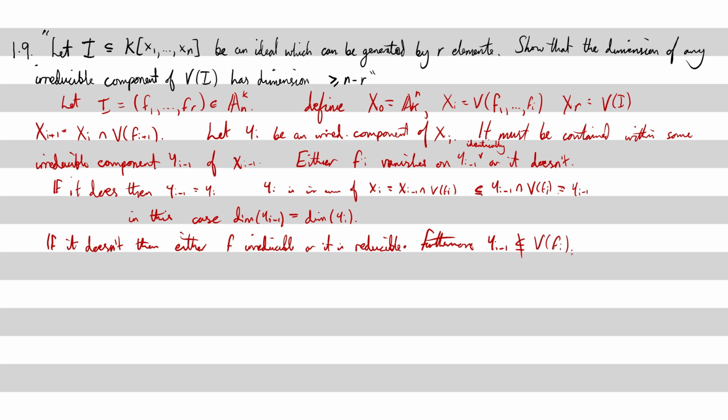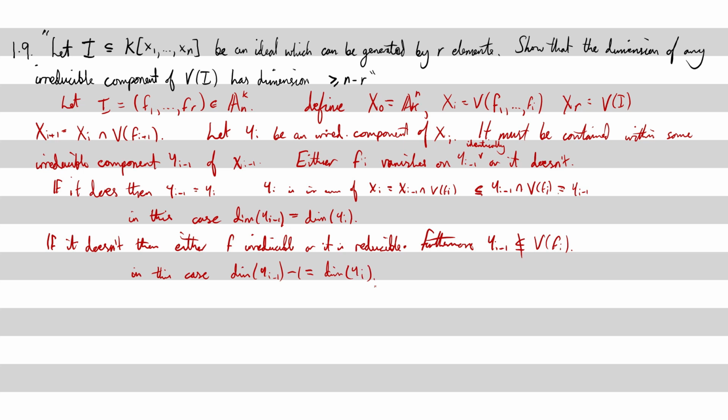Then we can use the result of question 1.8 and say that Yi is an irreducible component of Y(i-1) intersect V(fi), which means that its dimension is the dimension of Y(i-1) minus 1. In this case, dim Y(i-1) equals dim Yi plus 1.